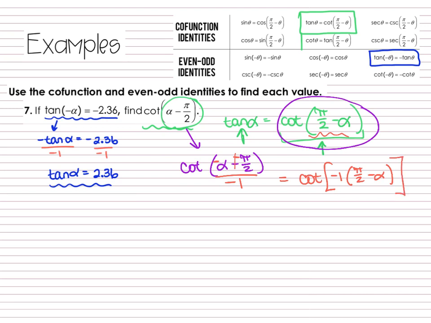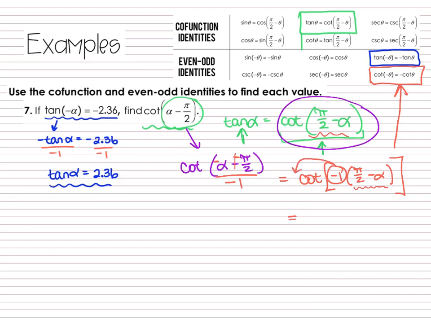Now, if we look back up to this expression, the cotan of a negative theta, the pi over 2 minus alpha is really our angle. That's our theta, or alpha. We've got a negative inside, and this identity tells us that we can take that negative and put it out front.